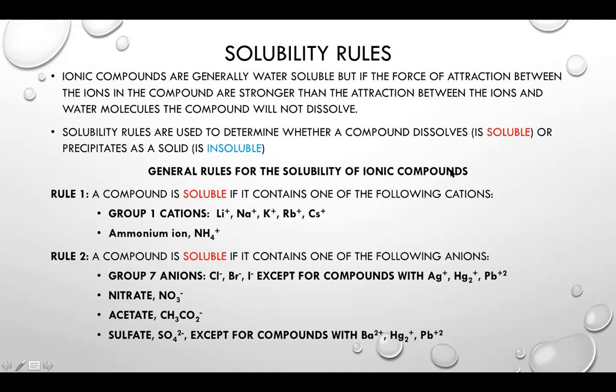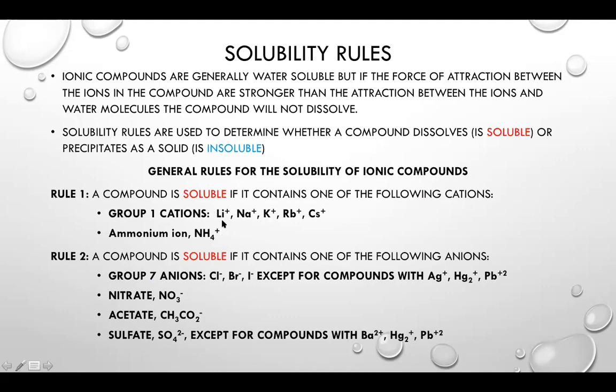Remember, ionic compounds are the ones that are between mostly a metal and a nonmetal. And it requires the one atom to donate electrons and the other one to take electrons. So the first rule is a compound is soluble if it contains one of the following cations. So cations are things that have a positive charge on them. So we have group 1 cations.